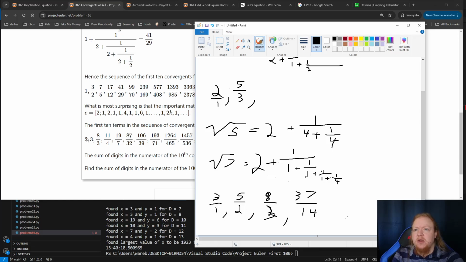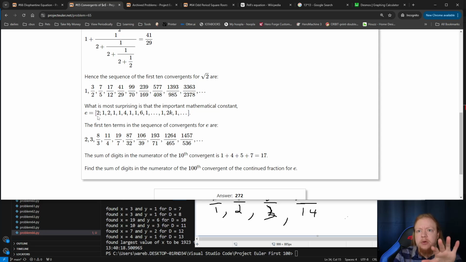So let's test this out with e real quick, just to find out. So in this case, 2 is 2. It just starts with the number 2. The first fraction version, 1/1 plus 2 is 3/1. So, in other words, that one we have to kind of calculate manually, don't we?